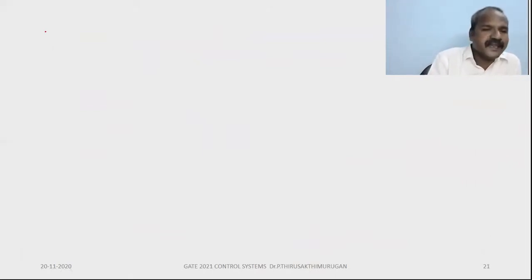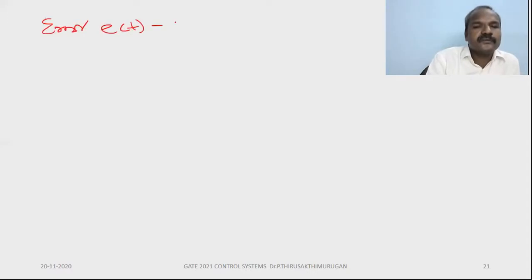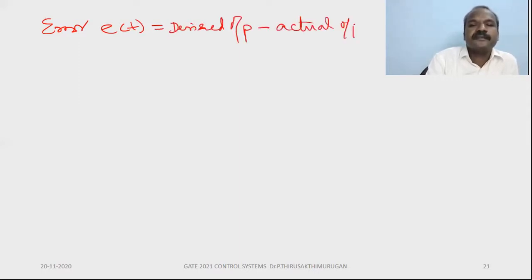So what is error? Error E of t equal to desired output minus actual output.